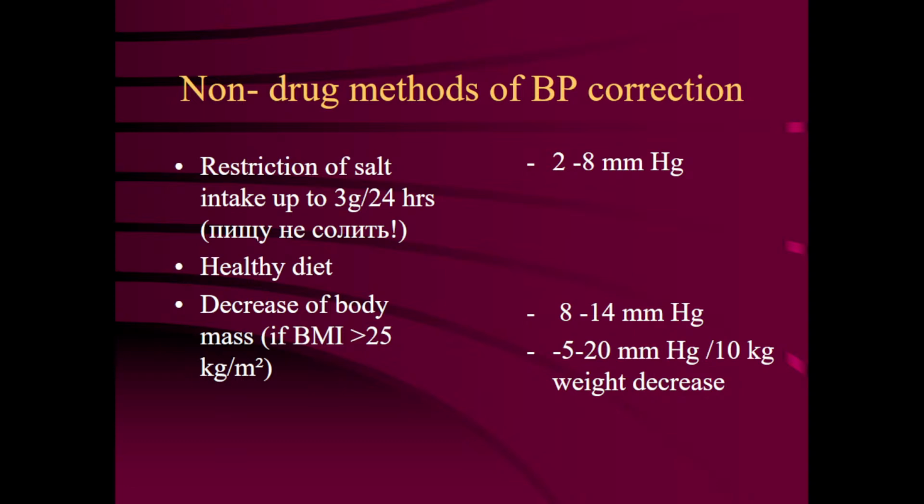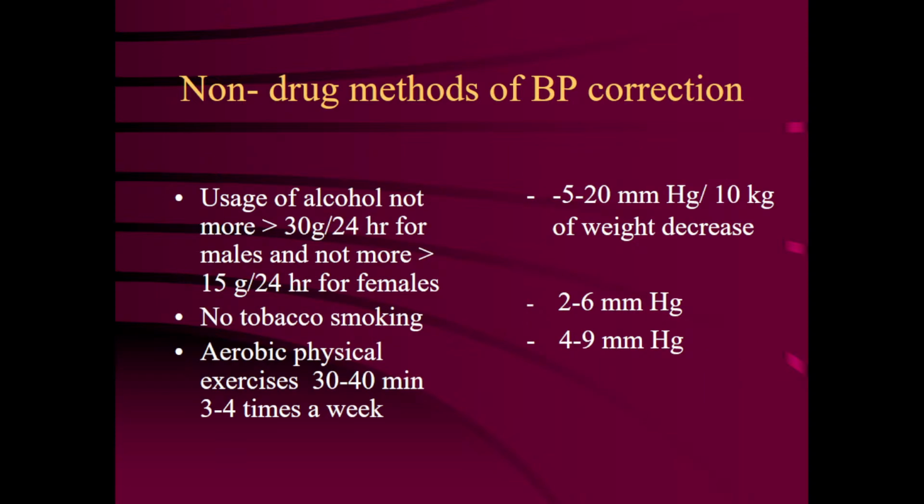Decrease of body mass is indicated if BMI is more than 25 kilogram per meter square, and such decrease will lead to decrease of blood pressure, BP, from 5 to 20 millimeter mercury per 10 kilogram of weight decrease. It's very important to understand and to follow this recommendation.